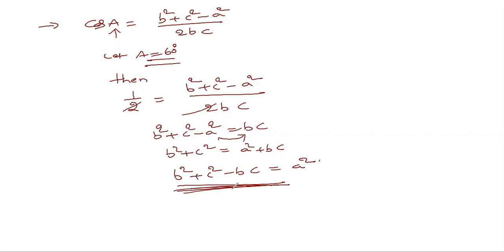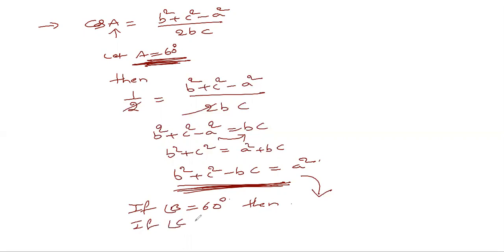If angle A is 60, then we can get this. Similarly, if angle B is equal to 60 degrees, then the result you have to write related to this. If angle C is 60 degrees, then the related result you have to write.